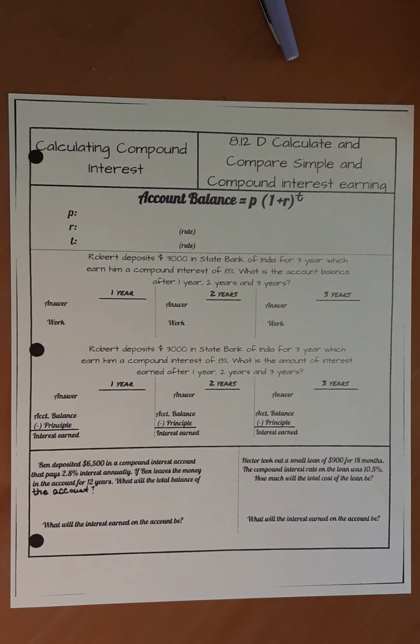The reason I did this is because we need to be able to compare simple and compound interest. And the easiest way to do that is to have you work the exact same problems, but finding the compound interest. And then we can look and compare the simple interest anchor chart to the compound interest anchor chart, rather than having you work a completely separate anchor chart in the process of comparing them.